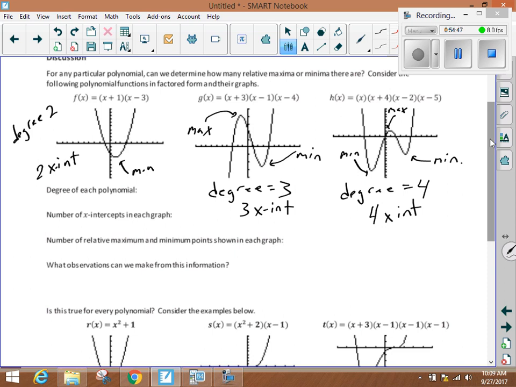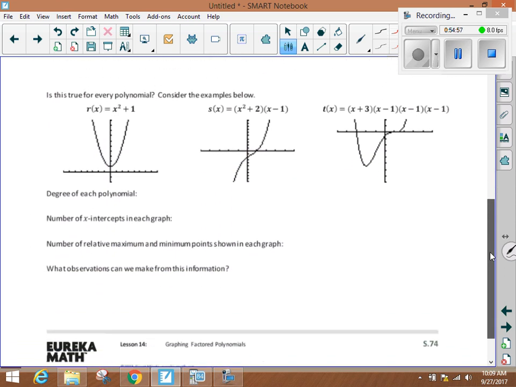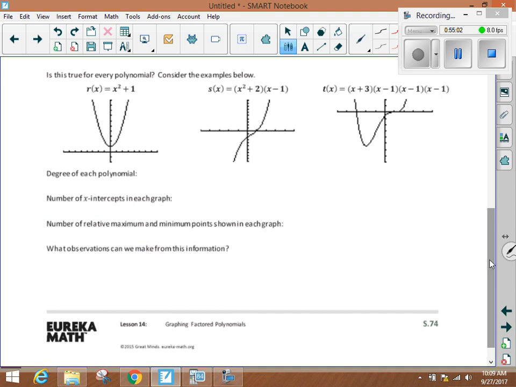And we can conclude the same thing about a fourth degree. I say at most because of what's going on here. There is no x-intercept for this one. There's no x-intercepts.